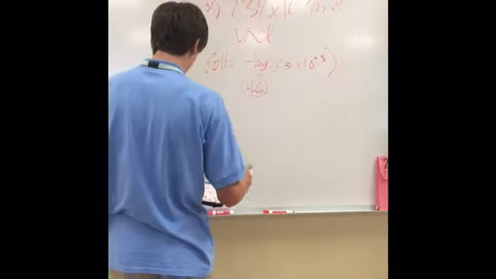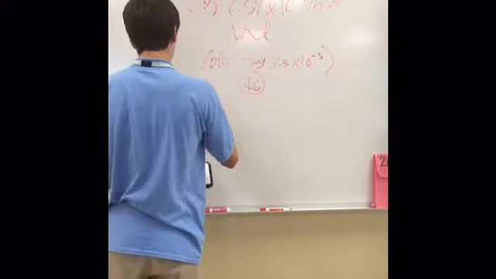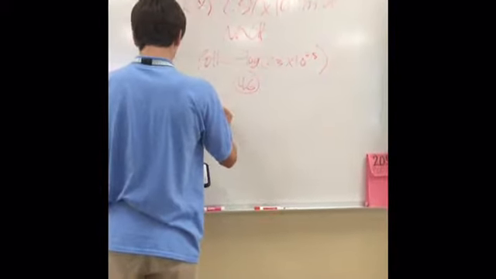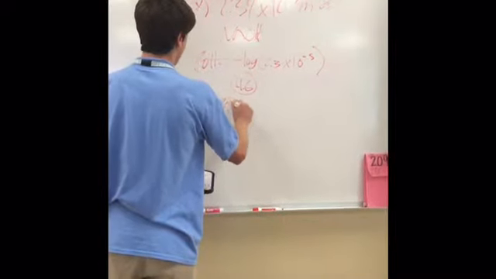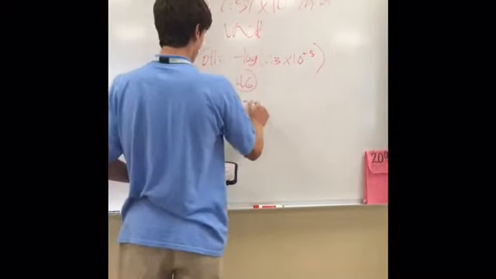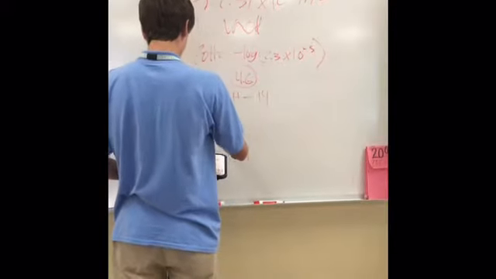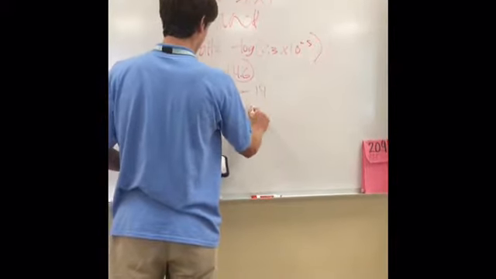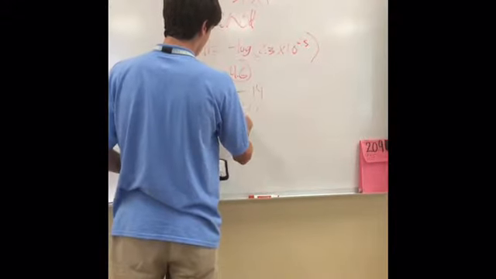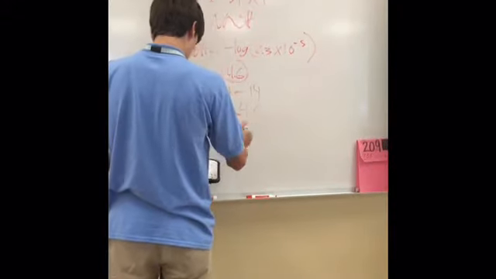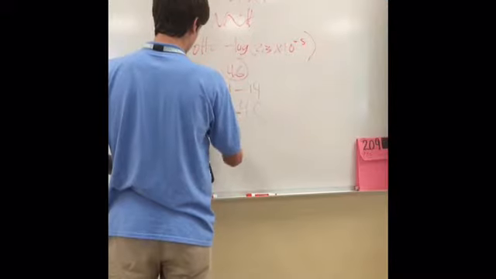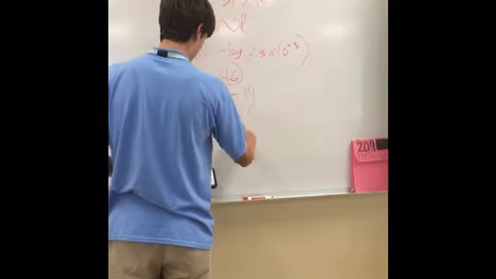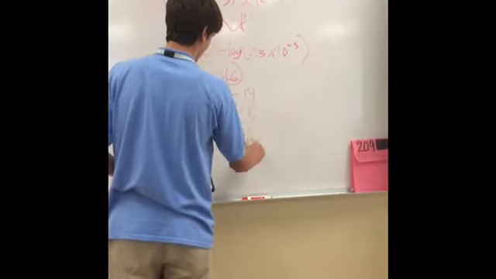The answer is 9.4, so I'll just demonstrate it for you. pH plus pOH equals 14, so pH equals 14 minus 4.6, so pH equals 9.4.